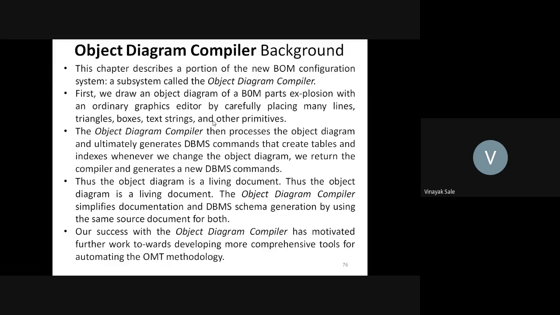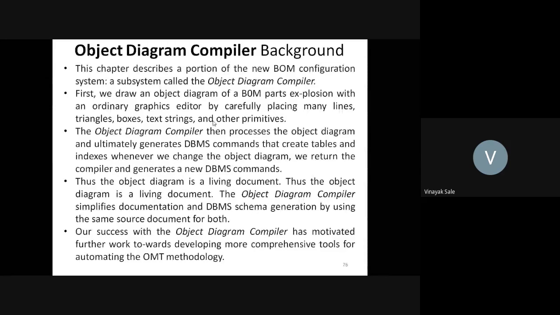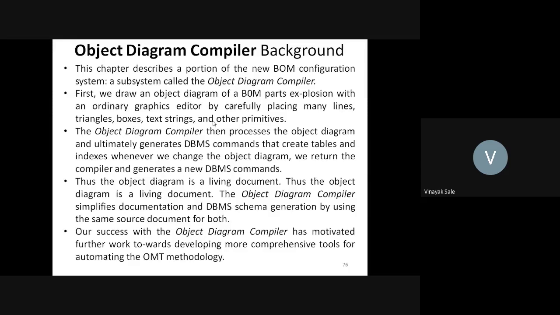The object diagram compiler then processes an object diagram and ultimately generates DBMS commands that create tables and indexes. Whenever we change the object diagram, we rerun the compiler and it generates new DBMS commands.